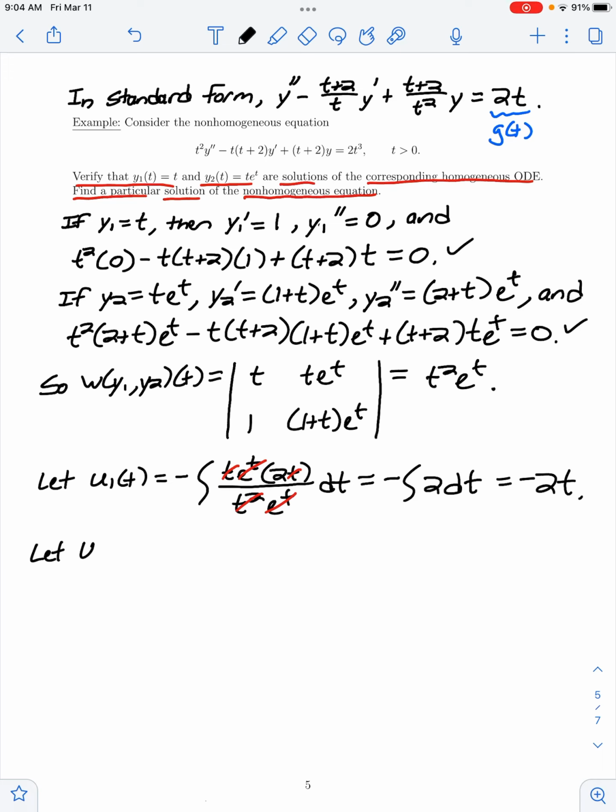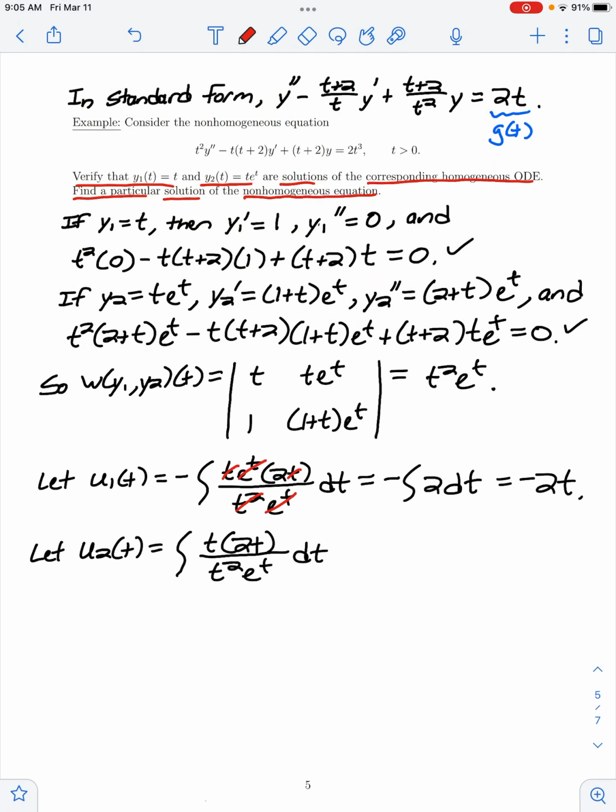And now to calculate u2, we have the positive integral of y1, which was t, times g of t, which is 2t, divided by our Wronskian, which was t squared e to the t.